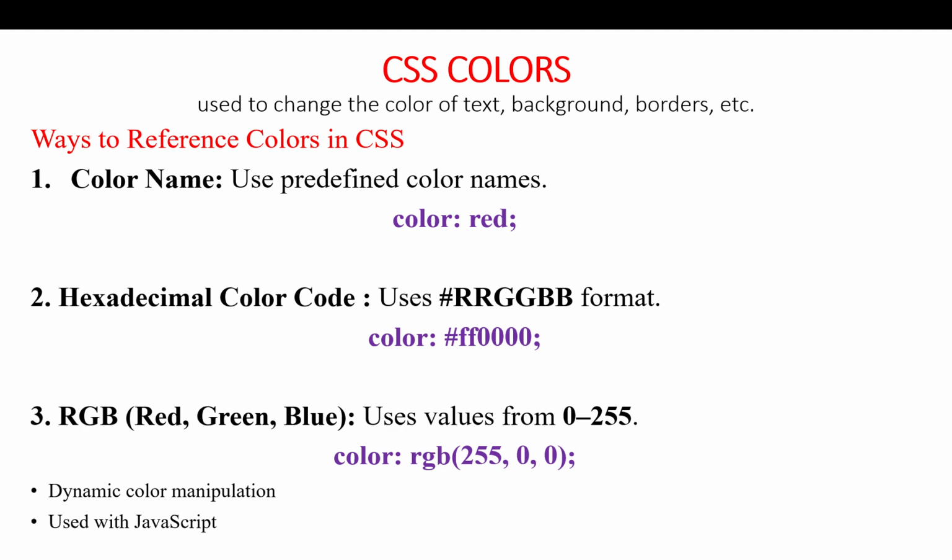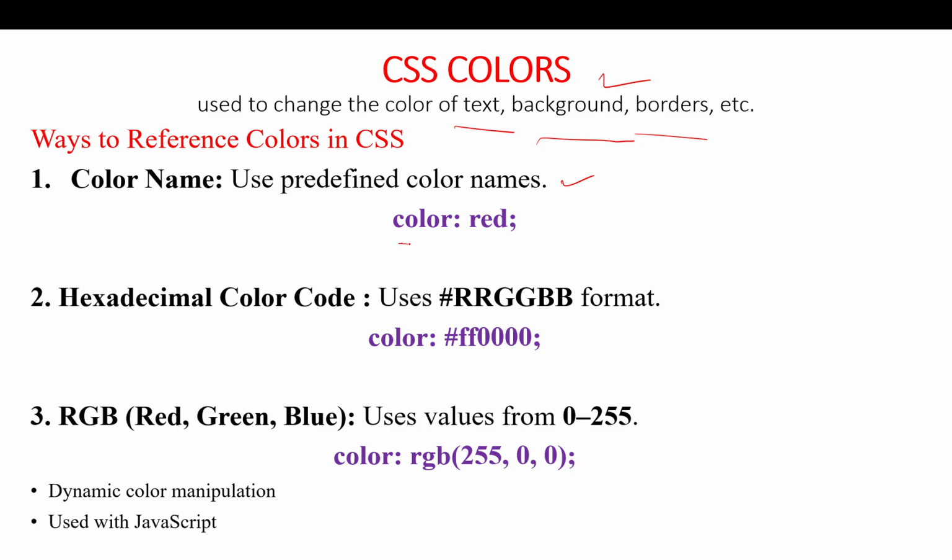Now let us learn CSS colors. CSS colors are used to style text, backgrounds, and borders. There are multiple ways to specify colors. We can use the color name, which is a predefined color name.